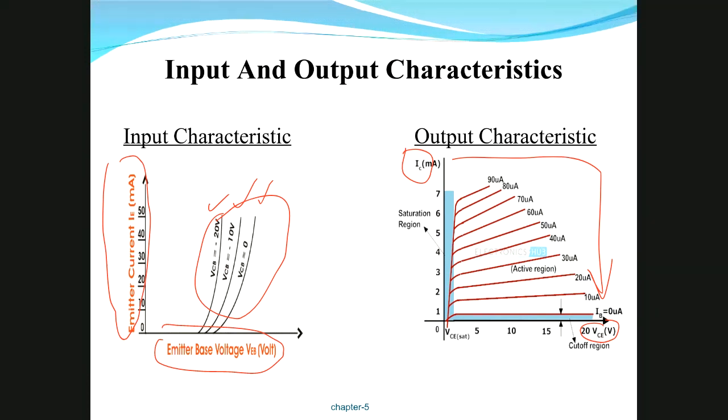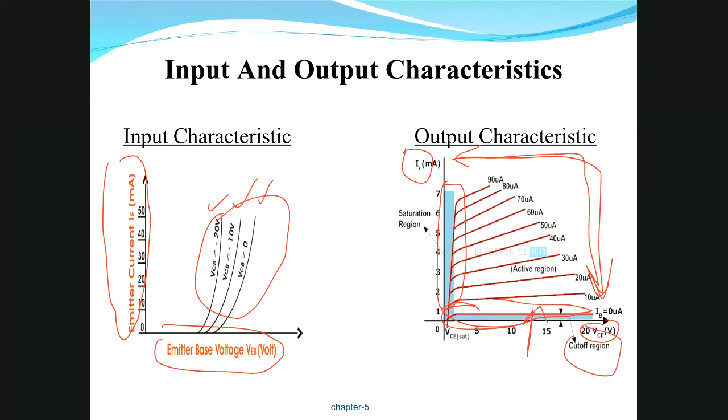Now in this case, there are three important regions. The lower portion is called cutoff. Why cutoff? Because there are two junctions and both of them will be reverse biased.